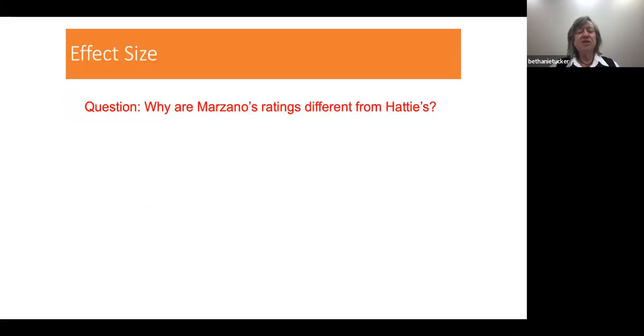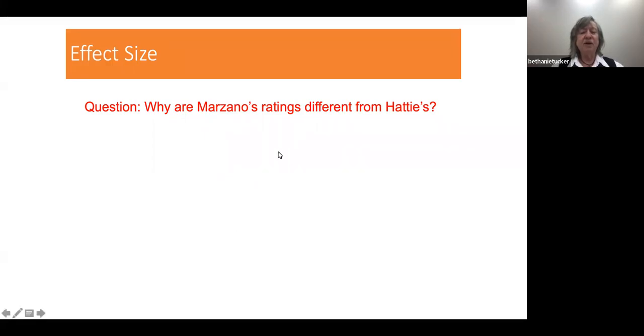Now, a question. Why are Marzano's ratings different from Hattie's? And if you're familiar with effect size, you know that they are different. They are different because Marzano studies the branches of a tree, where Hattie studied the entire tree. Marzano only studied strategies. Hattie studied strategies and life influences as well.